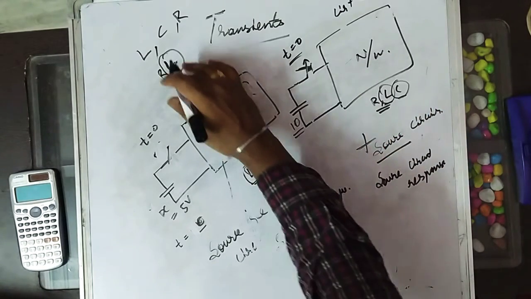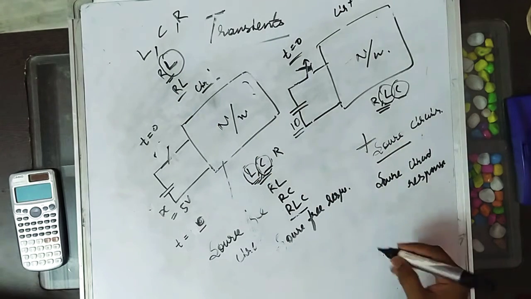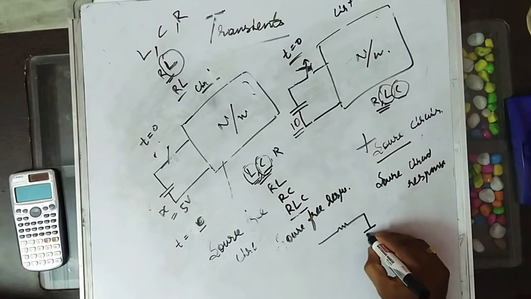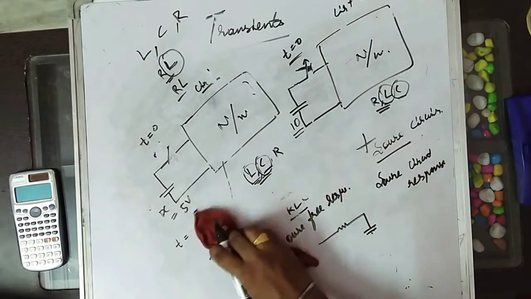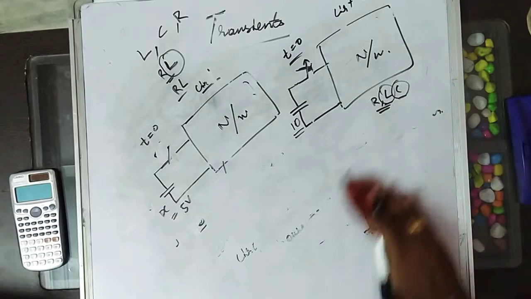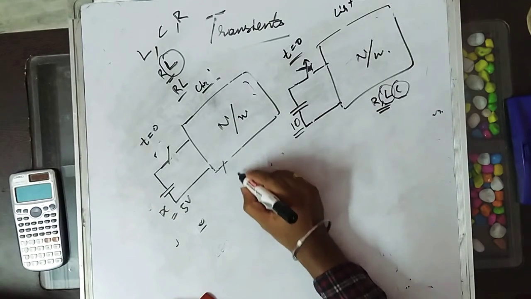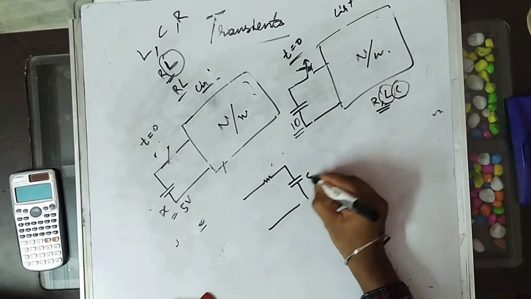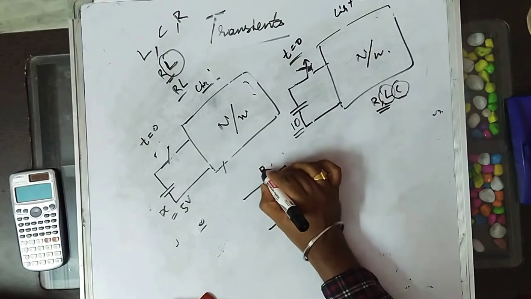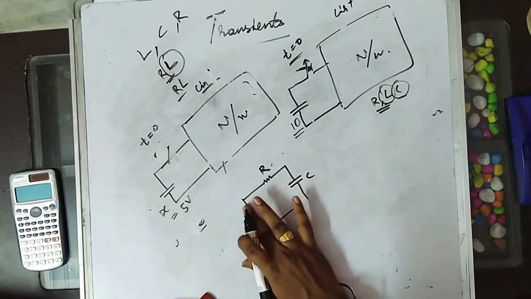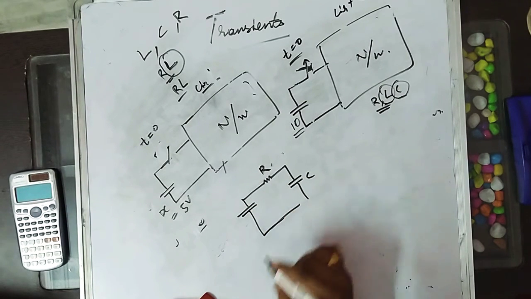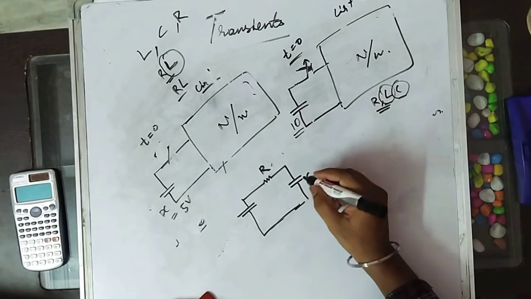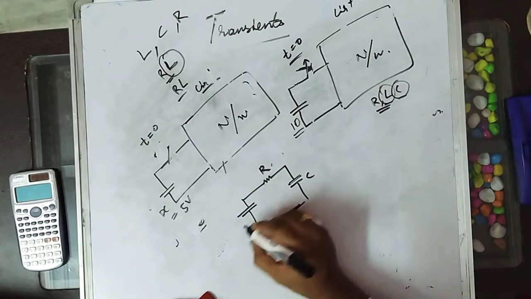For example, I take a simple circuit like this, continuing this concept. I take a capacitor and a resistor, and now give a DC source. At steady state, let's say I give 5 volts.